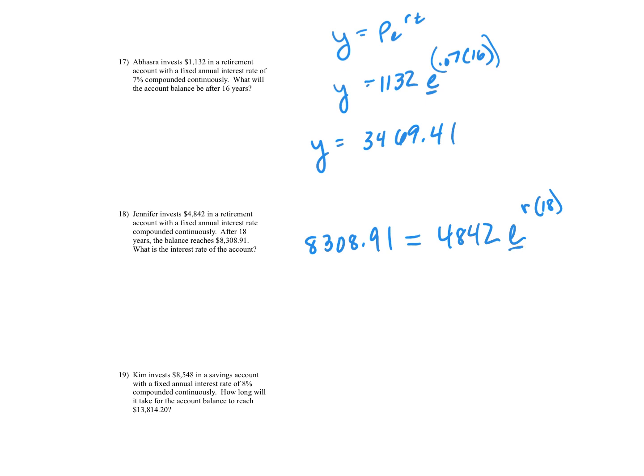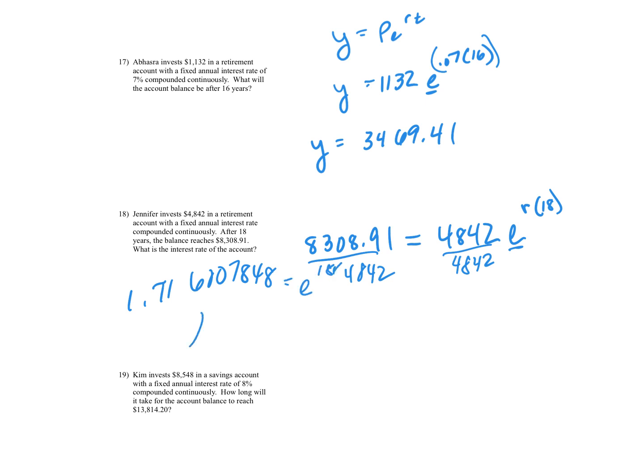So the first thing we're going to do is divide both sides by 4842. And we get that it's 1.716007848 equals e to the 18r.